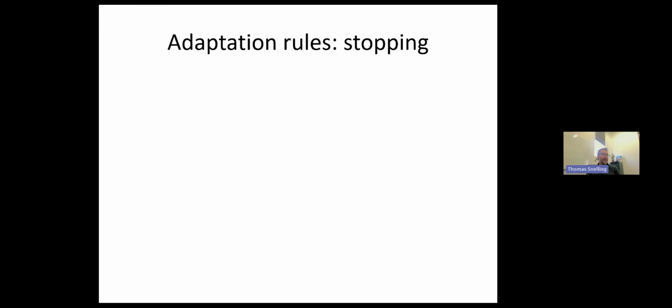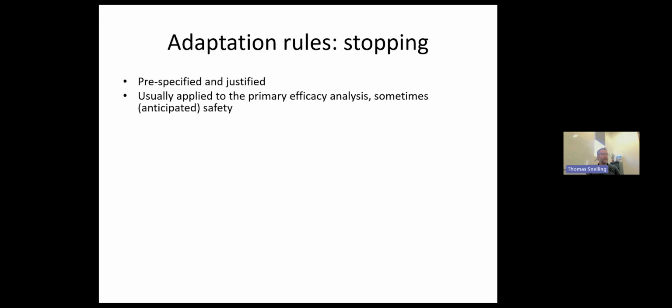So what are the types of adaptations we typically see? Rules around stopping, pre-specified rules for stopping are the most common. As I said, they need to be pre-specified and they need to be justified. They're usually applied to the primary efficacy analysis.